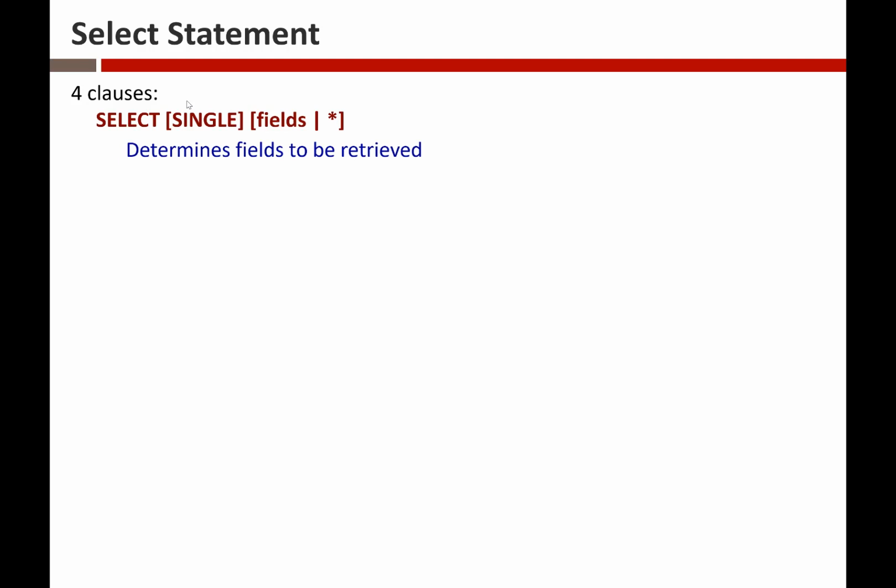This is going to determine the fields to be retrieved. Select star gives us all of them. Select, listing the fields, gives us a subset. If I specify select single, then the system is going to go out and find the first match. And then it's going to stop looking.